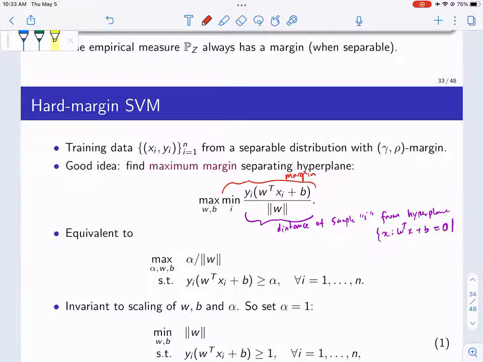Yeah, so the first thing to observe is that this is equivalent to the minimum of yi w transpose xi plus b being bigger than or equal to alpha.